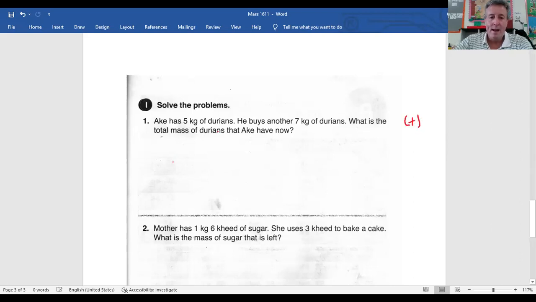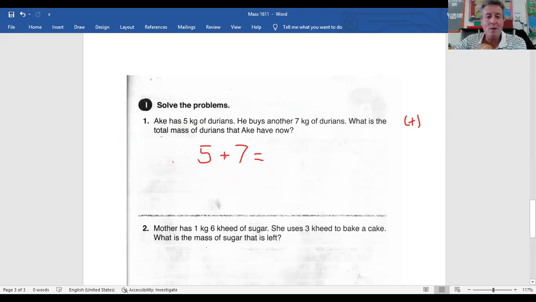Okay. Now we're going to look for the numbers 5 and 7. So 5 plus 7 equals. So how can we do that? There's lots of ways. We could use a number line, couldn't we? Don't forget our number line.